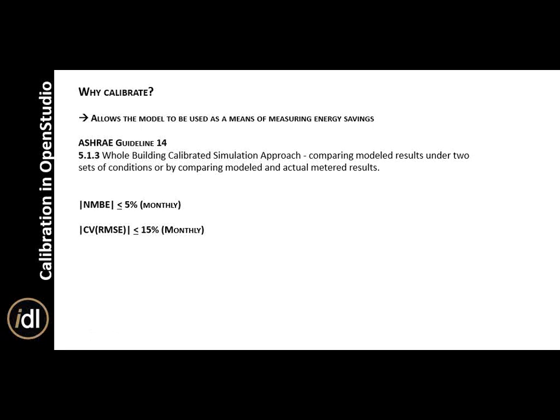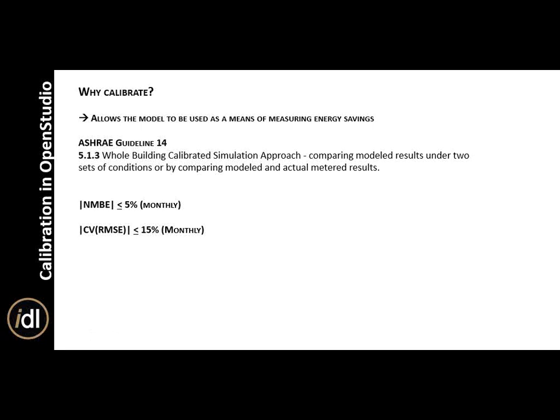So if you're looking at hourly data, the mean bias error has to be within 10%, and the coefficient of variation has to be within 30%, because there's a lot more data, a lot more variance within that. It's usually easier to get a lower mean bias error than the coefficient of variation, just for a couple of different reasons.